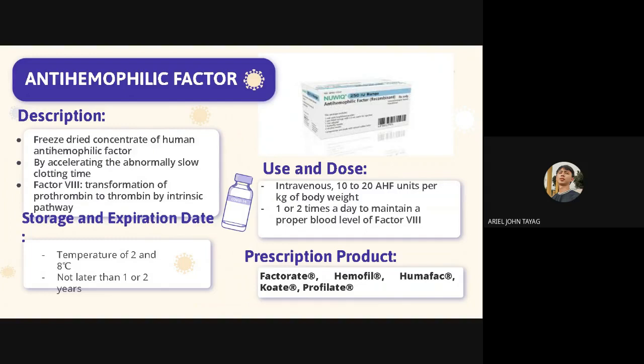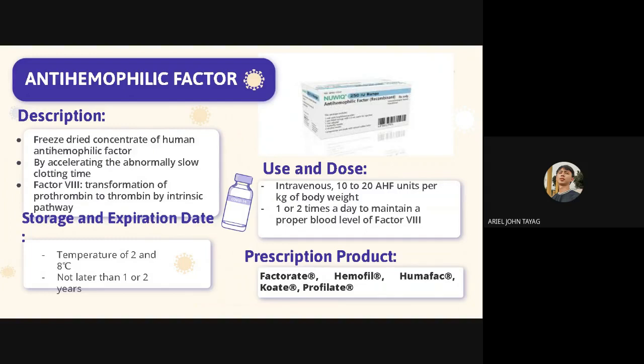So factor 8 is needed for the transformation of prothrombin to thrombin by the intrinsic pathway. So for the storage and expiration date, temperature of 2 and 8 degrees Celsius and not later than 1 or 2 years for the expiration date.